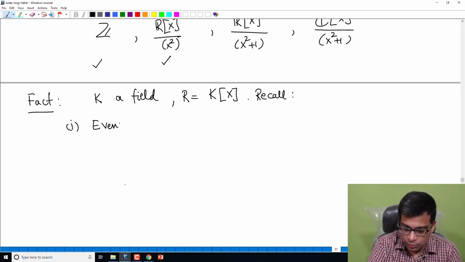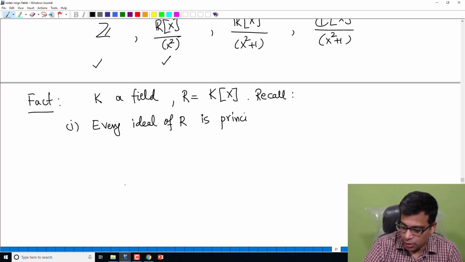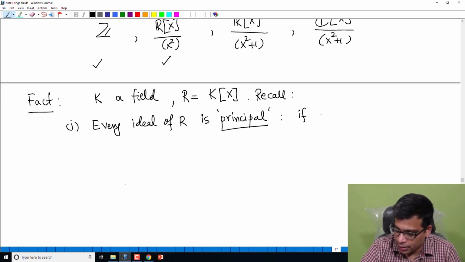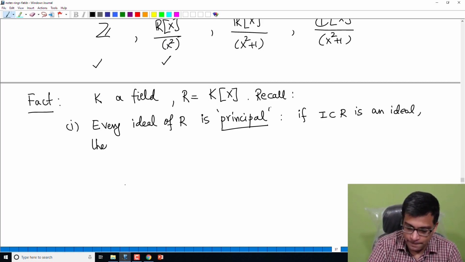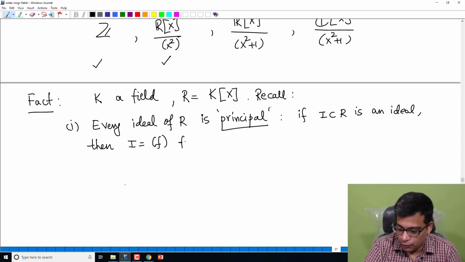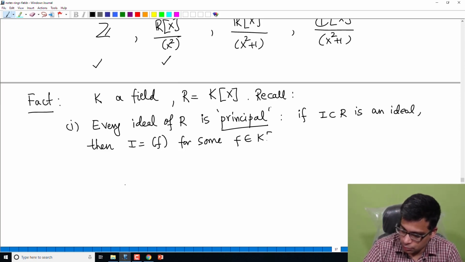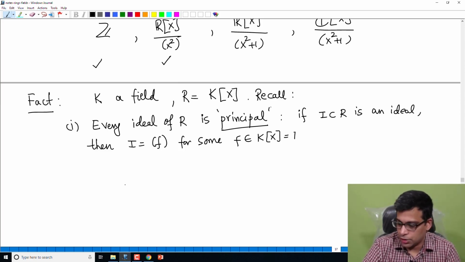First, every ideal of R is principal. Remember, principal means that if I is an ideal, then I is in fact generated by a single polynomial f in K[x], which is of course R.